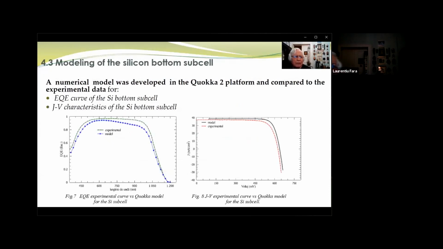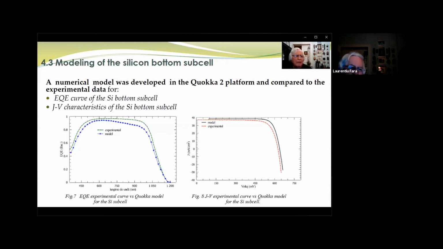Regarding the modeling of the silicon bottom subcell, the software we used was the OPAL 2 platform, and we have considered the comparison with the experimental data.